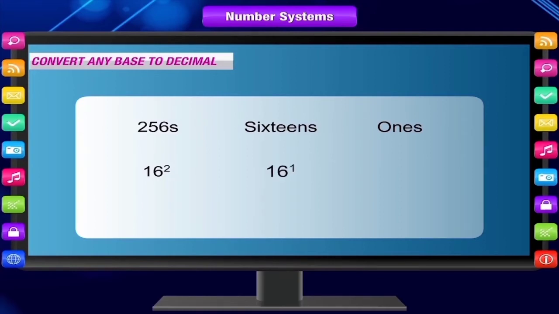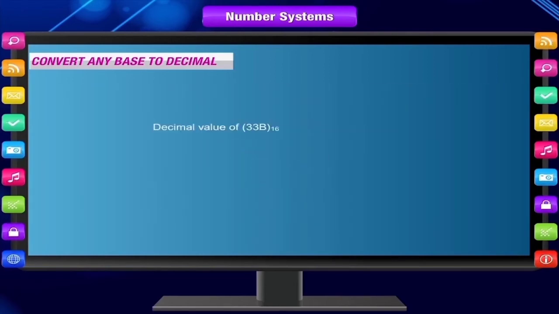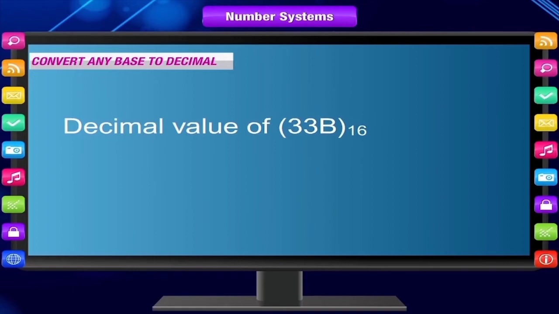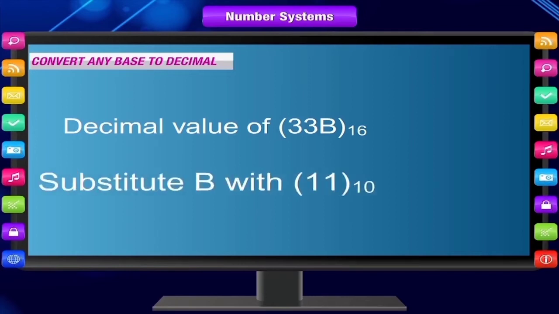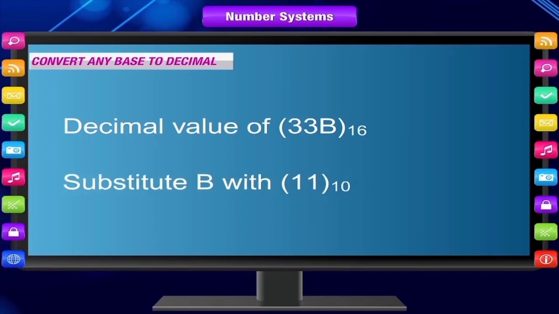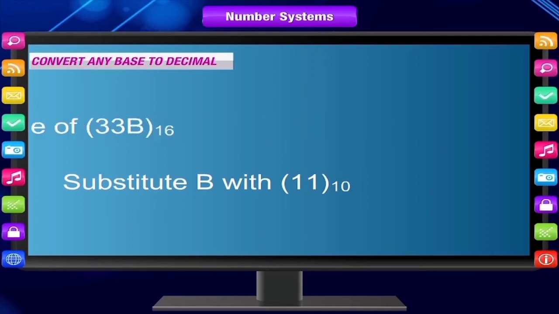So firstly you write 16 raised to power 0, 16 raised to power 1 and 16 raised to power 2, and below it the number 33B.